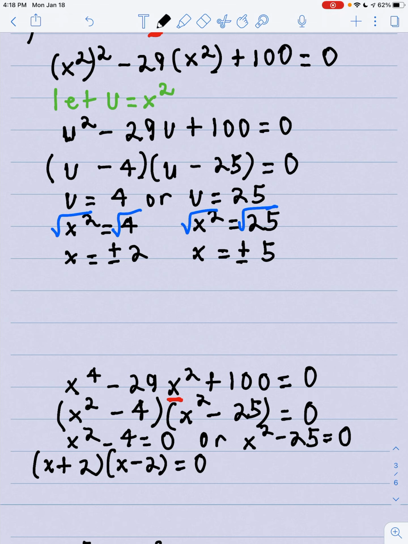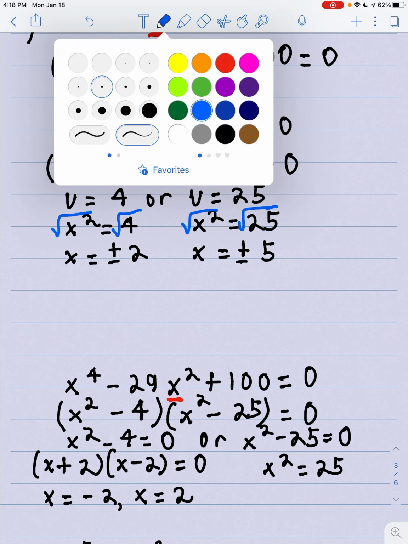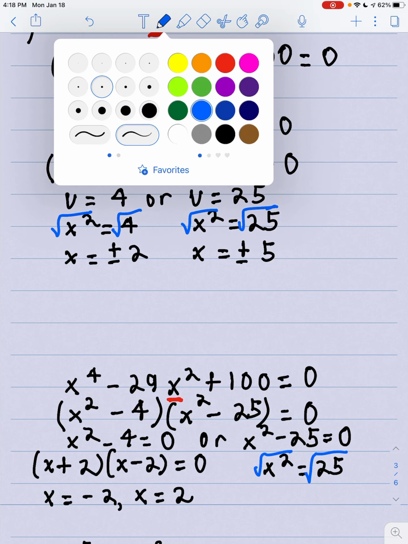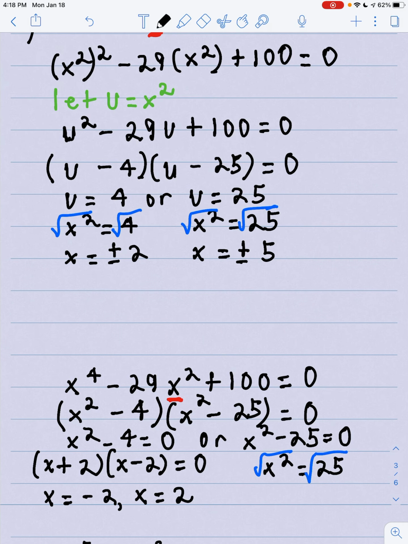Of course, x squared minus 25 would do that as well. And if that's your preference, that is fine. Or I could add 25 to both sides, like I did above, and then use the square root property. It's kind of up to you and whether or not you have to factor completely.